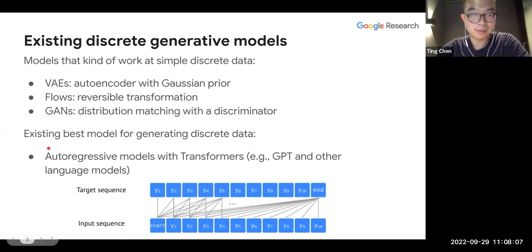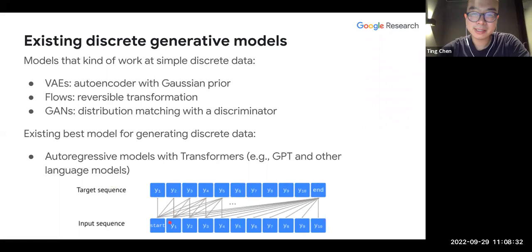So out on the market, the existing best model that you can use for generating discrete data is the autoregressive model with transformers. I guess many of you already know GPT and other language models, which are all based on this category, and they model discrete data very well. And in fact, it can be applied to other discrete data that's non-language based, right?